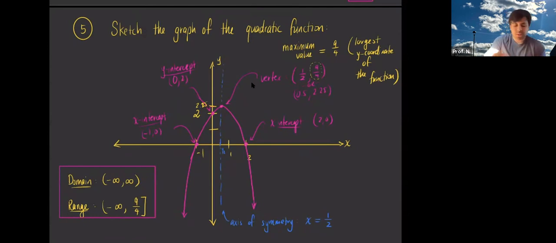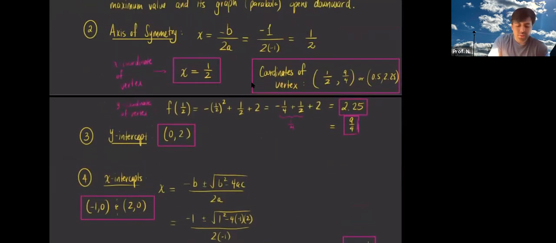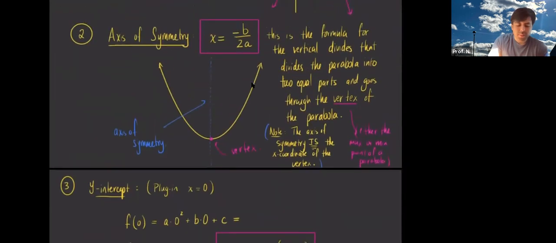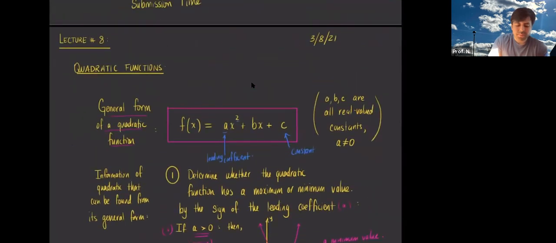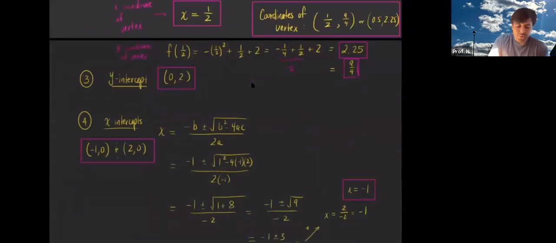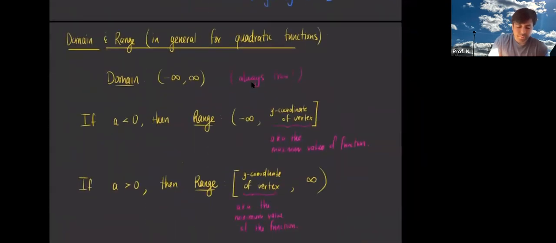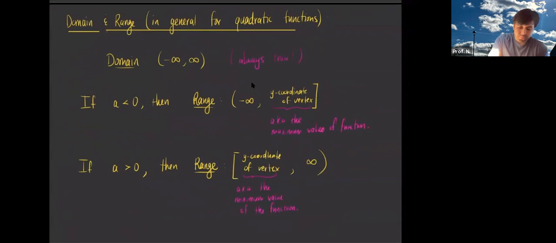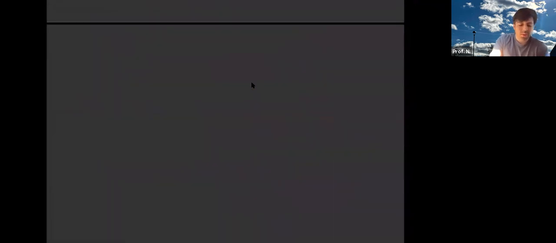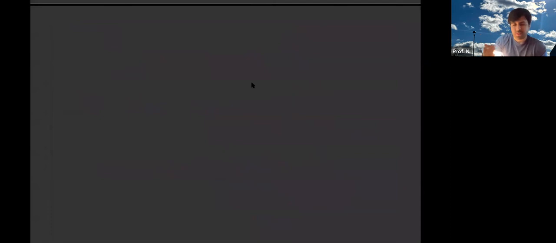Now we're going to continue talking about quadratic functions, but we're not going to talk about the general form anymore. We're going to be talking about what's called the standard form. So again, the parabola hasn't changed. The sketch of the graph hasn't changed. But now we're going to be talking about a different form.